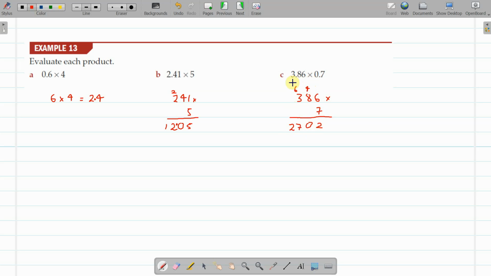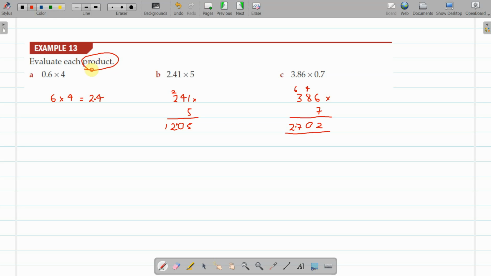And then decimal places. We've got 2 in that one and 1 in that one. It's a total of 3. So that would be 1, 2, 3. The decimal point goes there. So there's our 3 answers for evaluating each product.